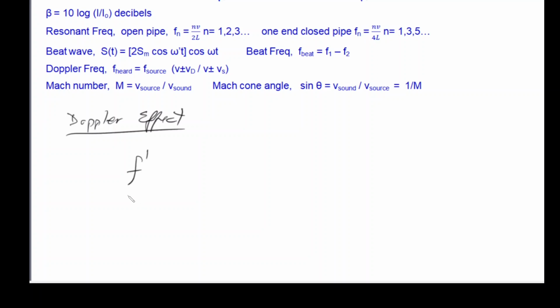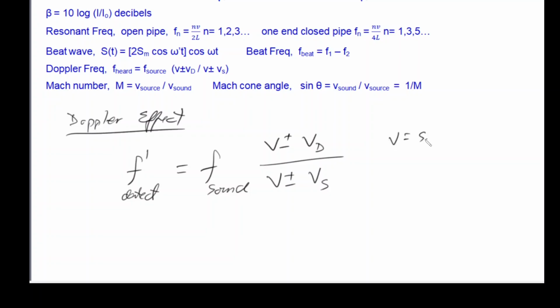This is the frequency that we detect, and that's equal to the frequency of the source of the sound times velocity of sound plus or minus the velocity that the detector is moving, which could be your ear, over velocity of sound plus or minus the velocity of the source.